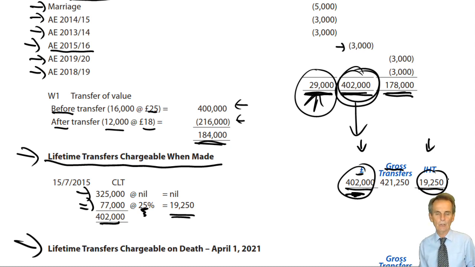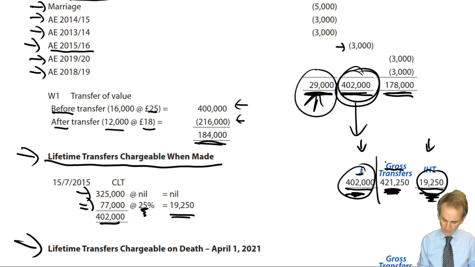We've already worked out the chargeable transfer figure, but also, of course, what further diminishes the value of the taxpayer's estate is that Joe pays that amount of tax out. That reduces the value of the estate. So the gross is the combination of the chargeable transfer, 402, and the IHT, 19,250, giving 421,250. And that was it. There was only one CLT in that particular exercise.